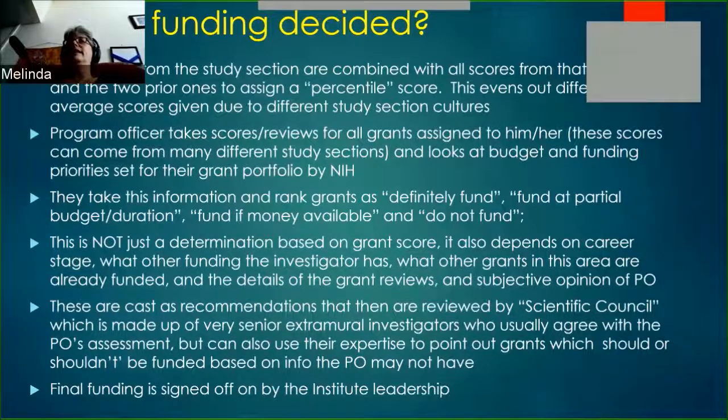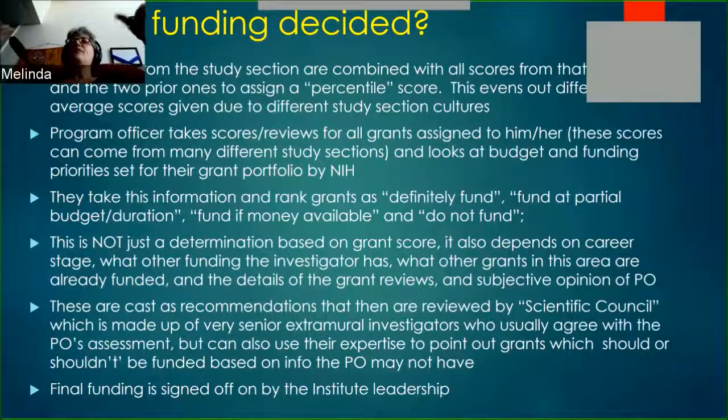How funding is decided is based on the percentile score. The percentile score is basically the percentage of grants that scored better than yours. So if you have a percentile of 10%, or you hear somebody say, I have a 10 percentile, that means your grant scored better than 90% of grants submitted.